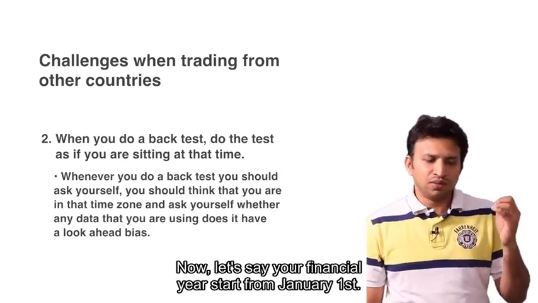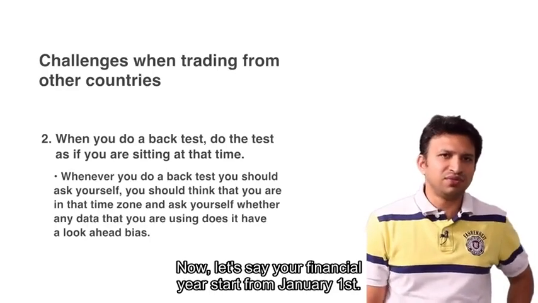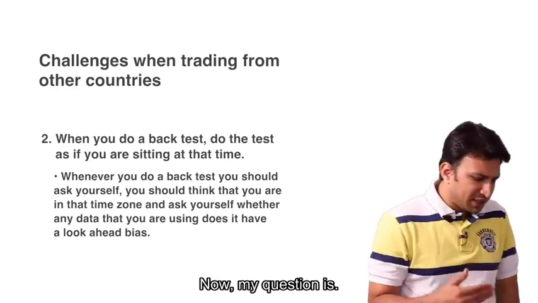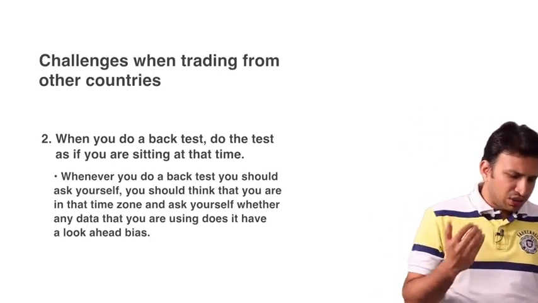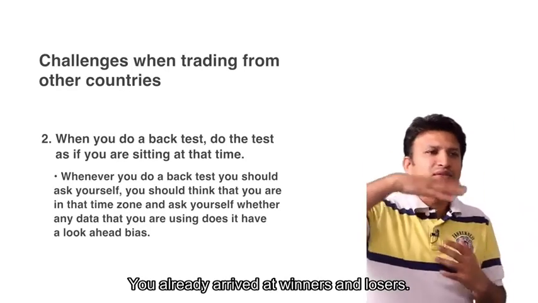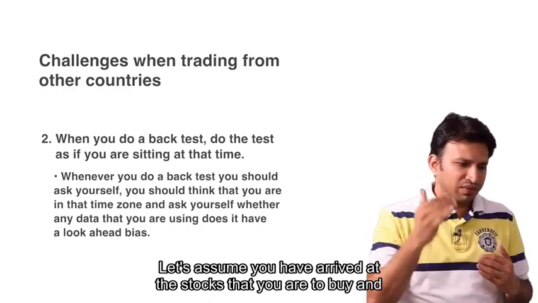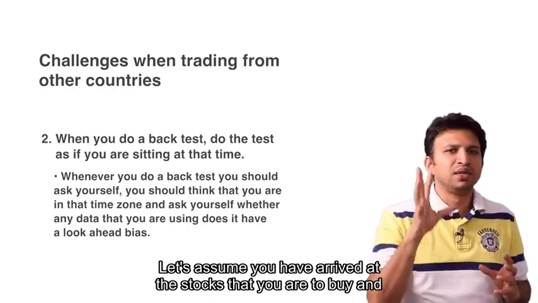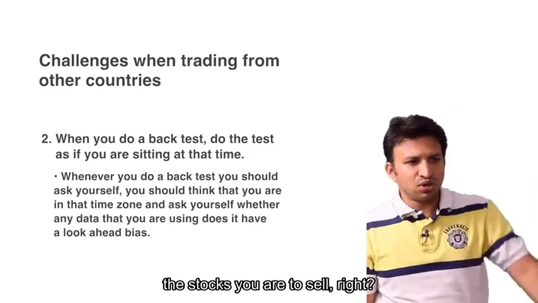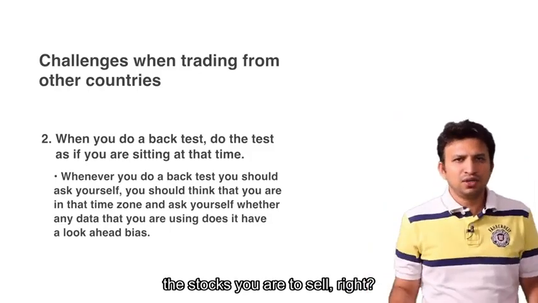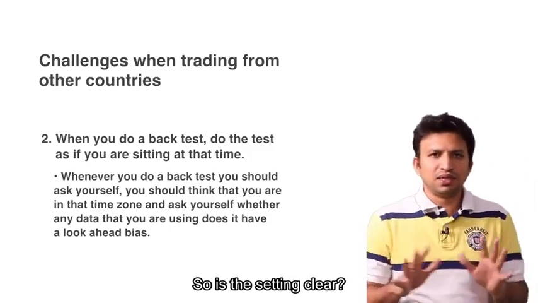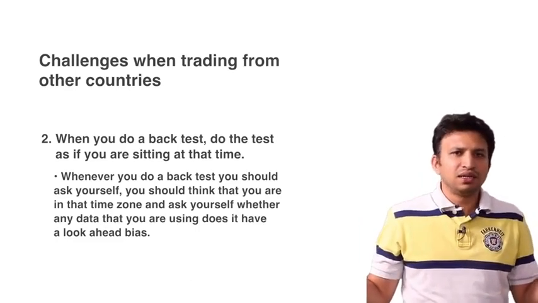Now let's say your financial year starts from January 1st. Now my question is, you have already arrived at winners and losers. Let's assume you have arrived at the stocks that you have to buy and the stocks you have to sell, right? So is the setting clear?